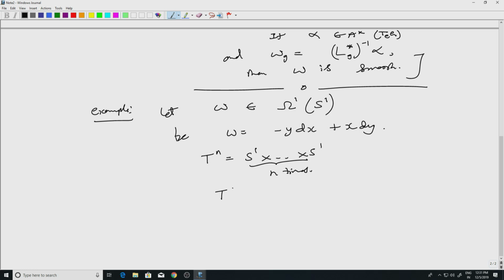So we have these projection maps pi i, and this is just pi i of x1 through xn equal to xi.